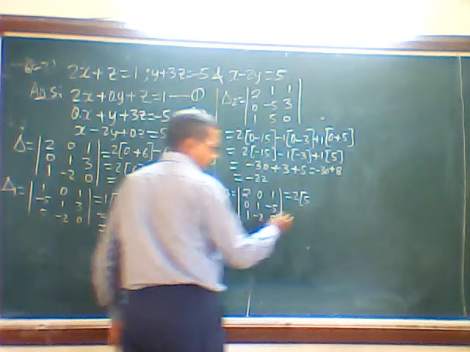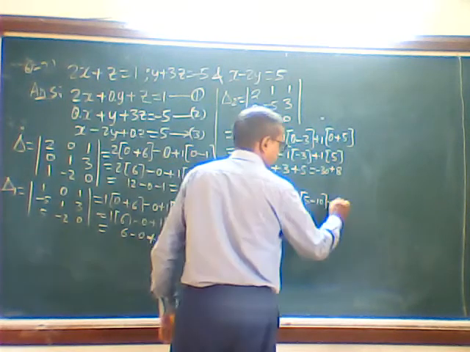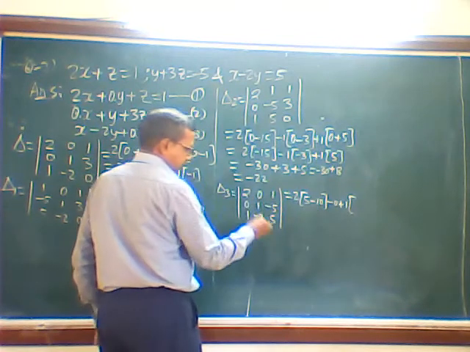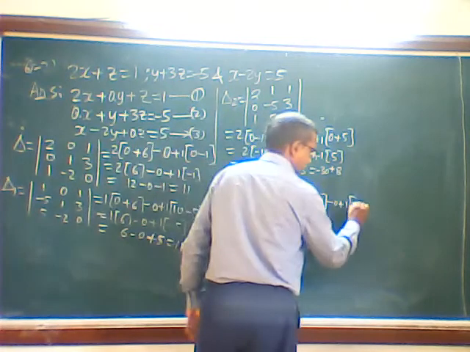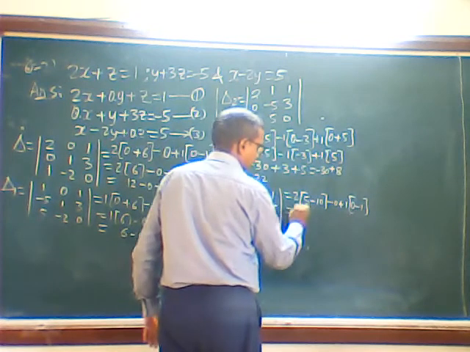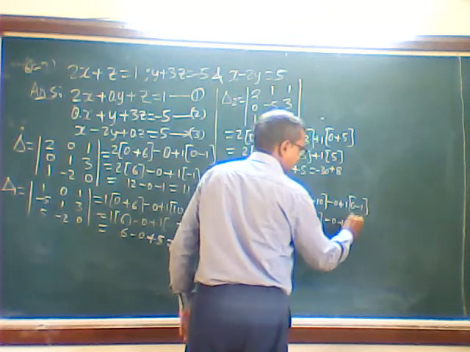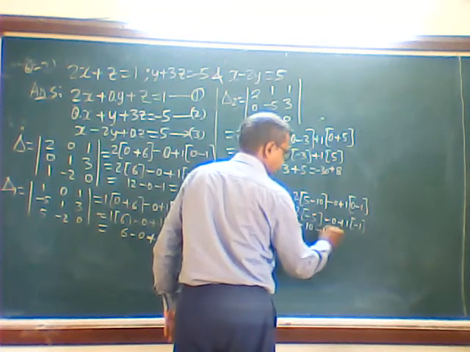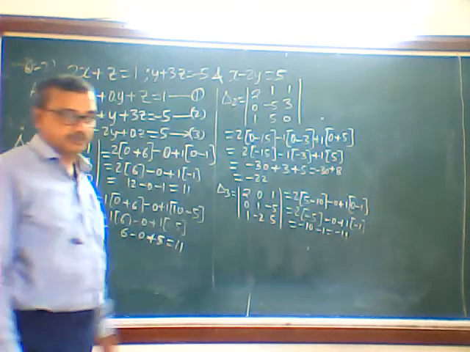Minus 2 into minus 5 is plus 10. Minus 0, plus 1. First row, last column deleted. 0 into minus 2 is 0. 0 minus 1. Minus 5, minus 10, minus 1 is equal to minus 11. Okay, minus 11 I got.